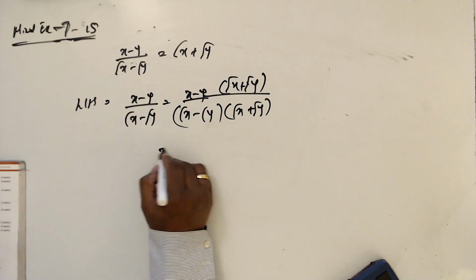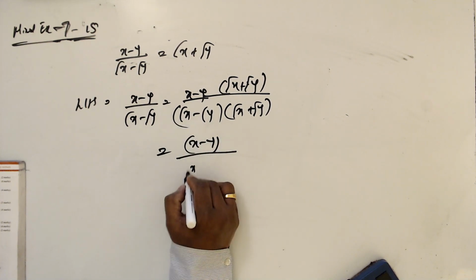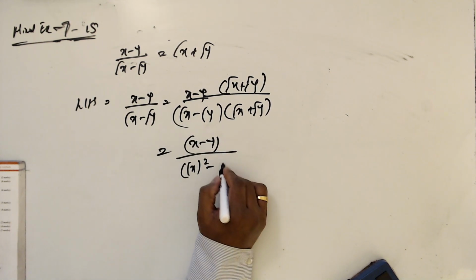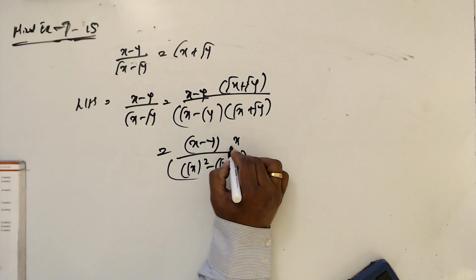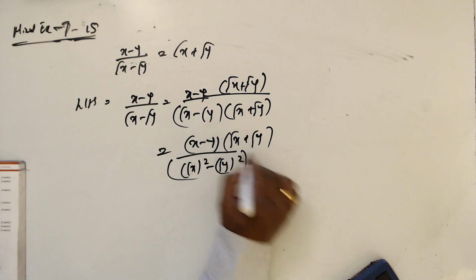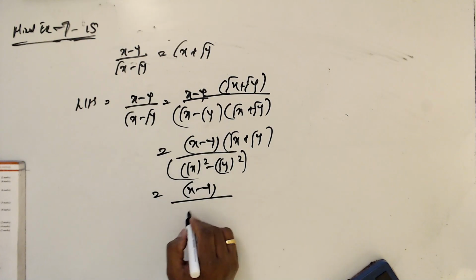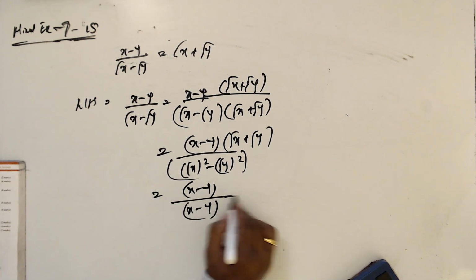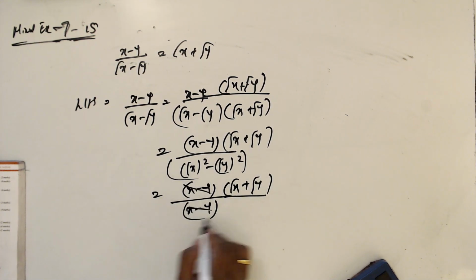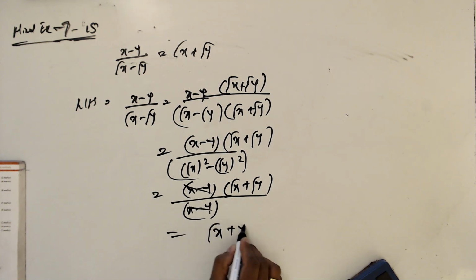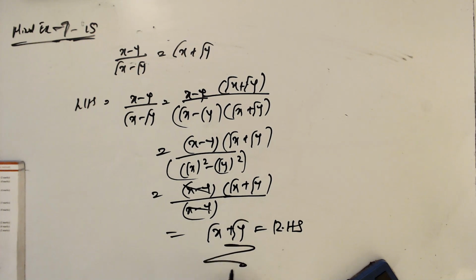This is going to be x minus y, and this is square root x squared minus square root y squared, times square root x plus square root y. So x minus y, this is x minus y, times square root x plus square root y. This cancels out. Square root x plus square root y equals the right hand side.